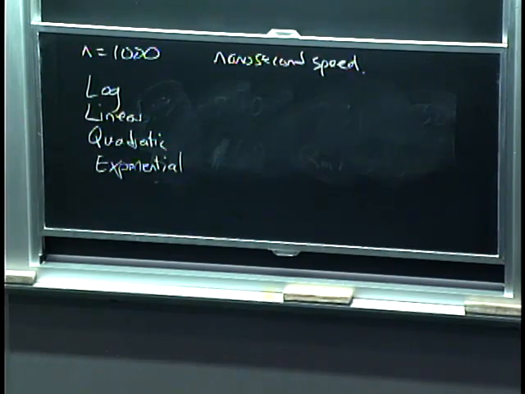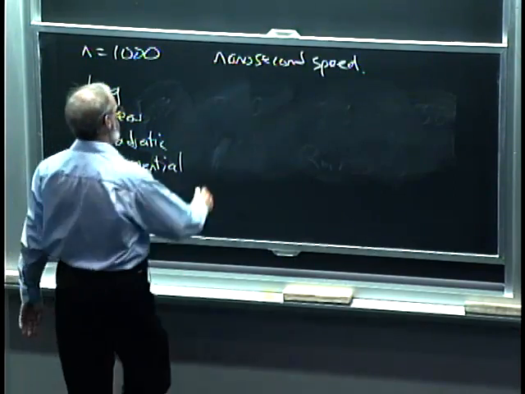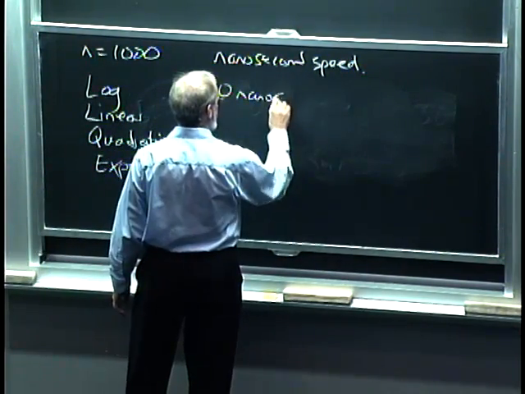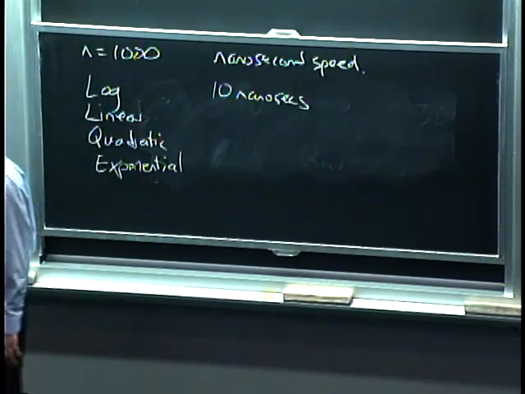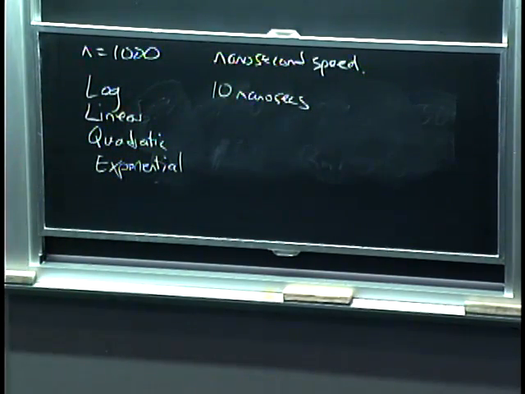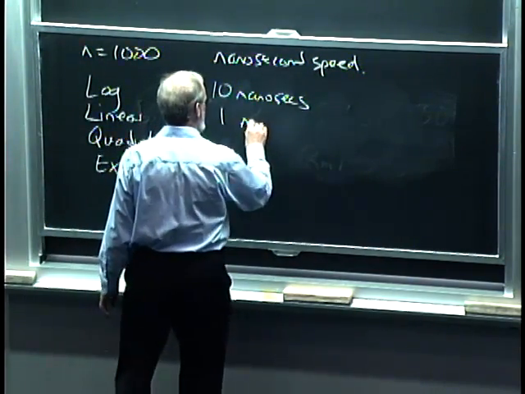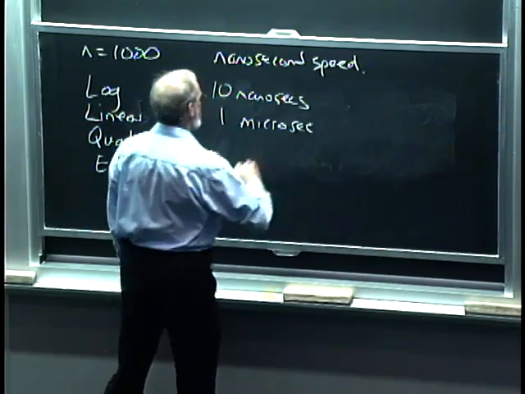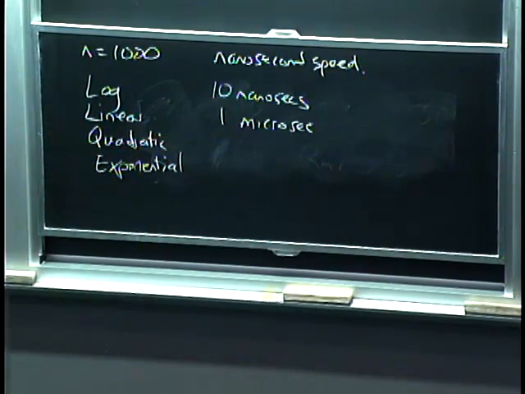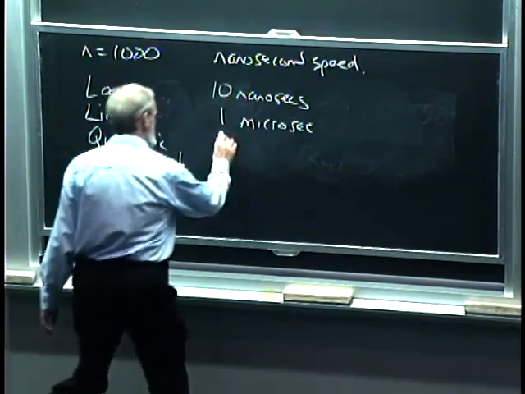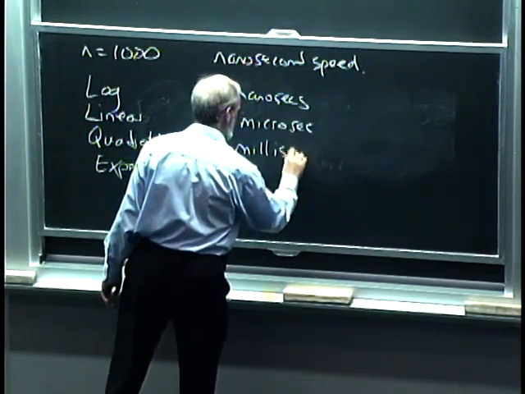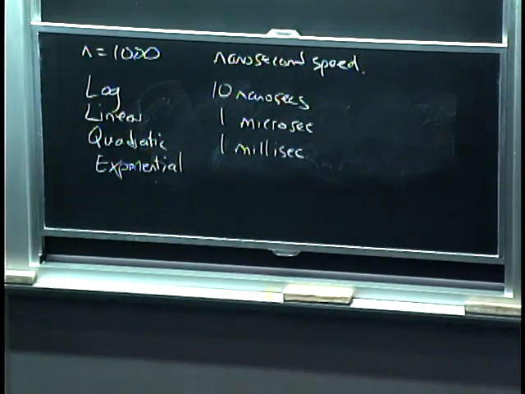If I'm running at nanosecond speed, and the size of the problem, whatever it is, is 1,000, and I've got a log algorithm, it takes 10 nanoseconds to complete. You blink, you miss it. If I'm running a linear algorithm, it'll take 1 microsecond to complete. If I'm running a quadratic algorithm, it'll take 1 millisecond to complete. And if I'm running an exponential algorithm, any guesses?